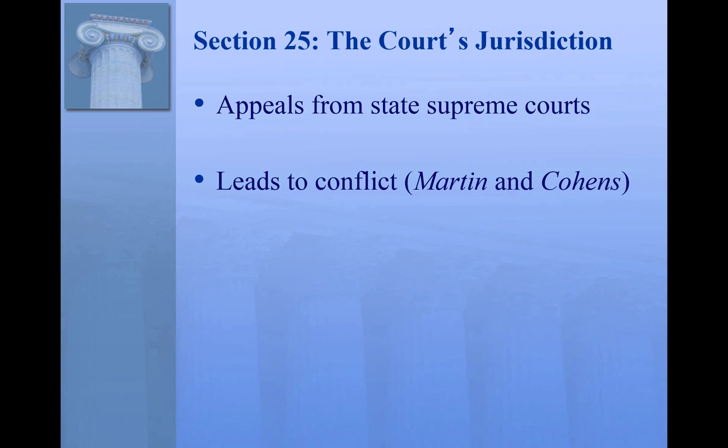And the Supreme Court ruled against the state of Virginia, and then the state of Virginia absolutely refused to abide by the Supreme Court's decision. And so in Martin, the Supreme Court just gives the state of Virginia a lecture and spends most of its opinion explaining why Virginia had to abide by its decision.